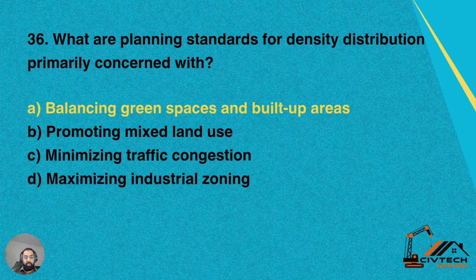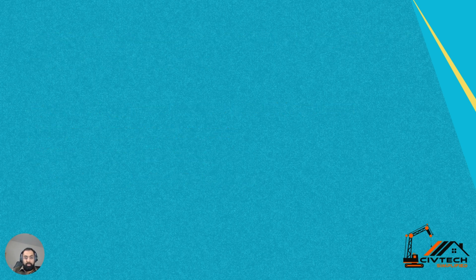For the future planning of a town, the town planner considers that green spaces or open spaces versus the built up area should be in a balanced approach. So the answer is A, balancing green spaces and built up areas. We consider this to disperse the density of the population.